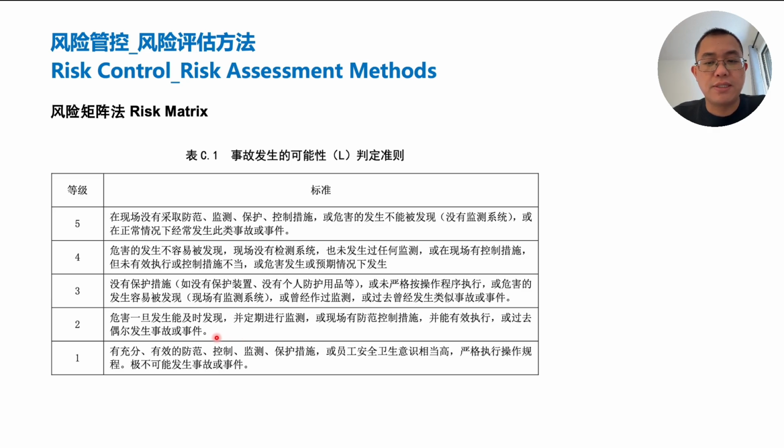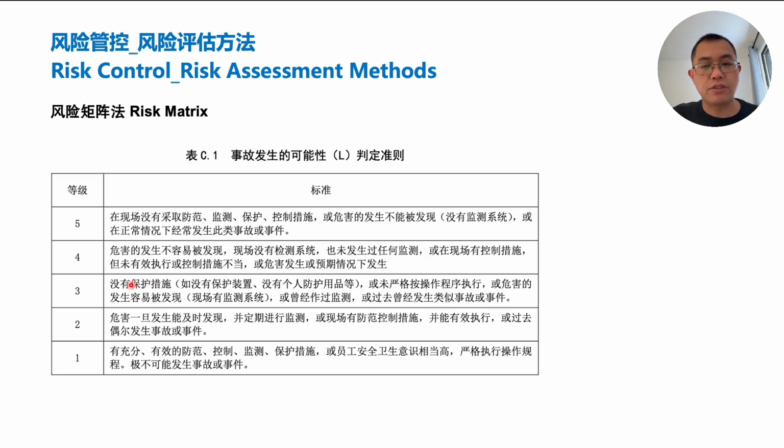And personally, I think describing it as very rare or remote makes it easier to understand. And the level 1 means that the incident is extremely unlikely to occur. So there are 5 levels in total.